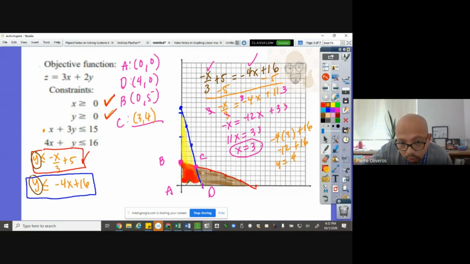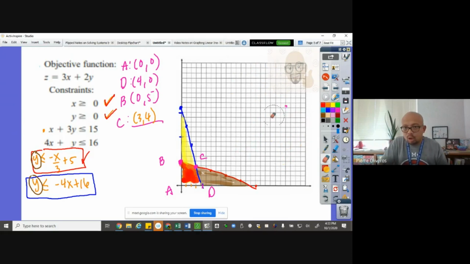If you look at it, 1, 2, 3, and then 1, 2, 3, 4. Yeah, so 3 and 4 is right. Again, I'm just showing you one way because sometimes the numbers could be in the hundreds or thousands or a fraction, and to get the vertex you have to use the substitution or elimination method. Okay. All right.